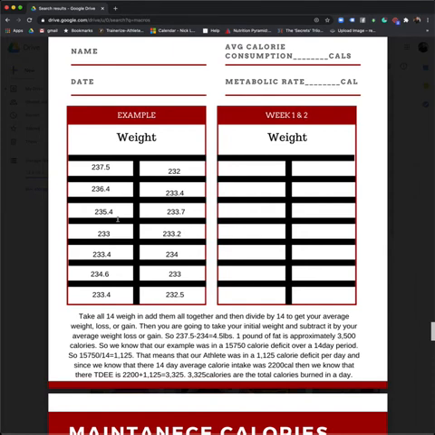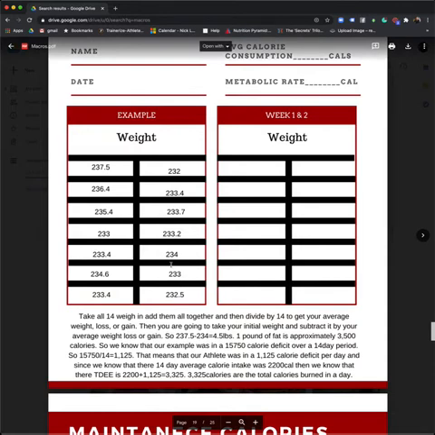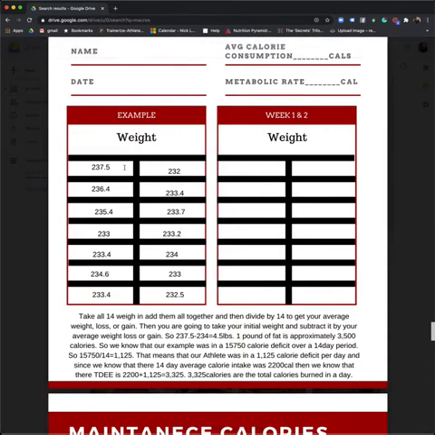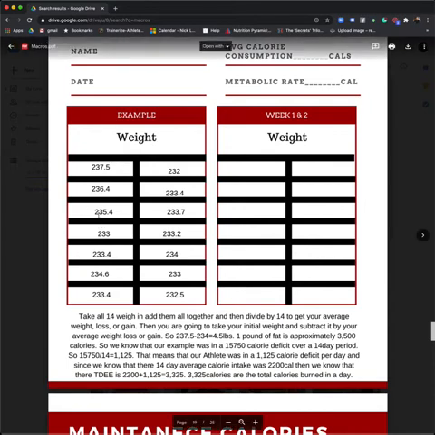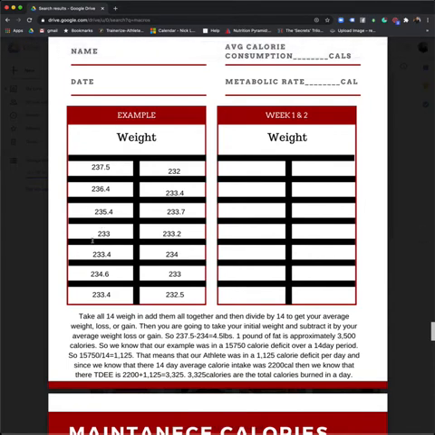The reason why I want you to track every day and to do preferably 14 is because there are fluctuations throughout the weeks and throughout the days, so you wouldn't quite get the same picture and representation as if we just did 237 here, and then maybe you picked a day that was, say, 234, right?